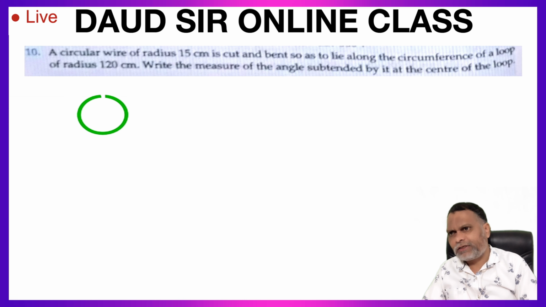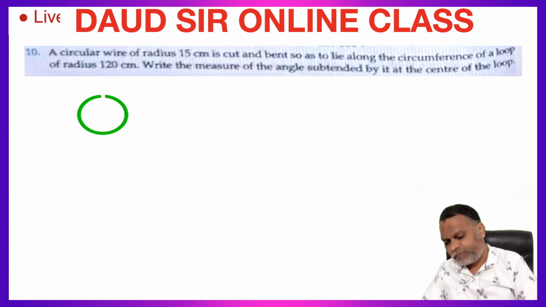So when we cut this, the length of this wire will be the circumference of the circle. Its radius is given, 15 centimeter.